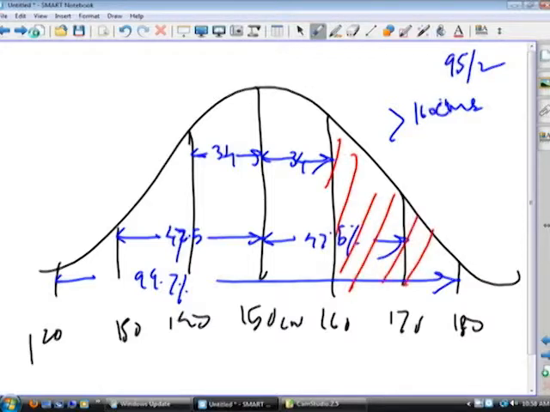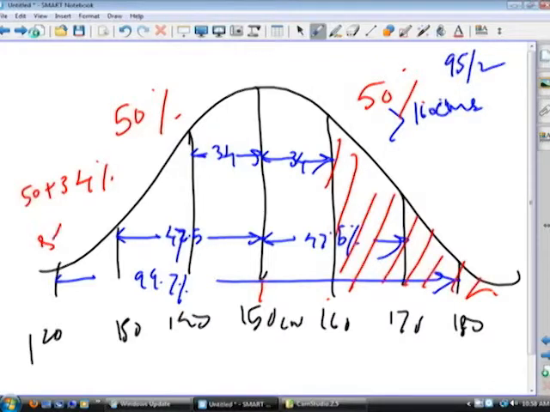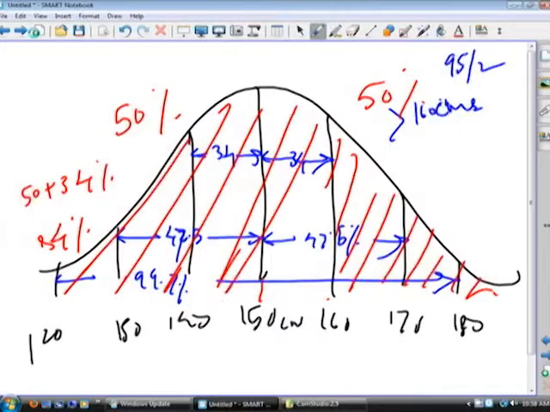Now according to this rule, we know that it is covering 50% on either side, and this 34% is, as we move one standard deviation from the mean, so it will be 50 plus 34%, which is 84% on the left side. But we want the area under the curve for the right side, so the proportion will be 100 minus 84, which is nothing but 16%. And similarly, if you know all the figures, then you can go on and find the answers.